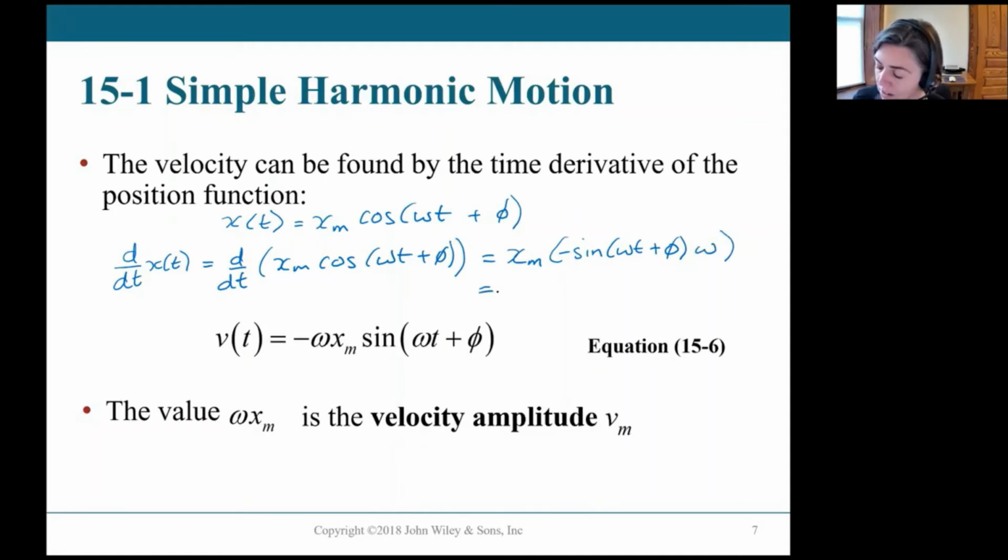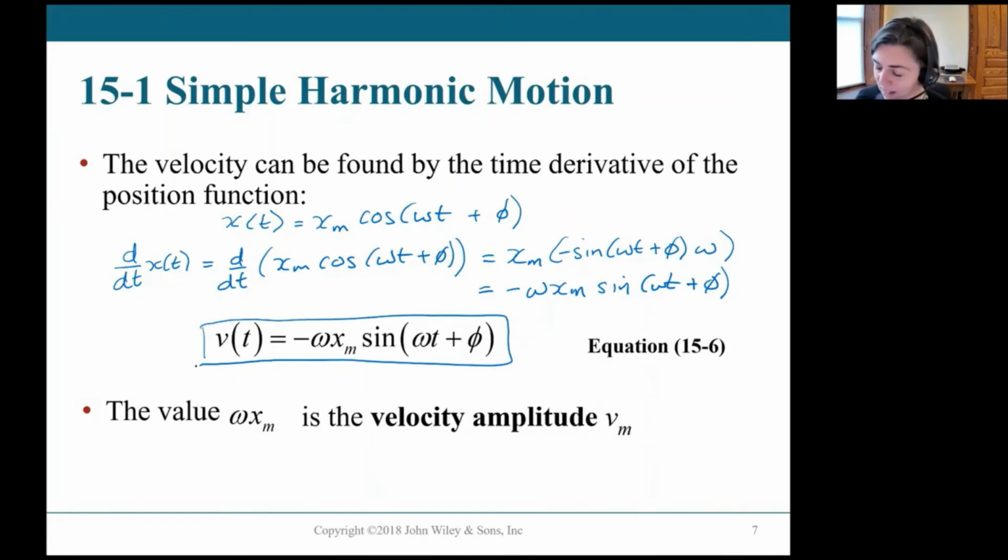And rearranging things a little bit, I end up with negative omega xm sine(omega t plus phi), which is what's written down here. I just wanted to show you how we got there. Now, if you like, you could rewrite this equation like so.